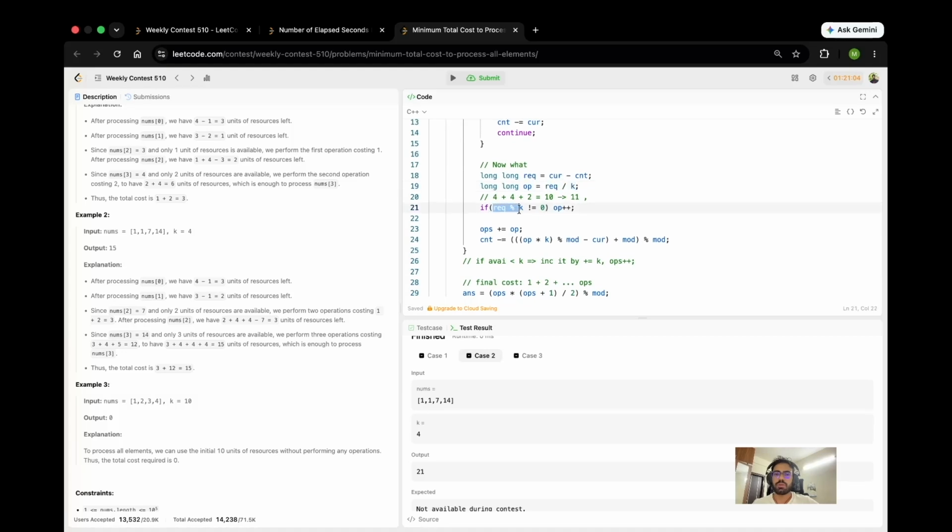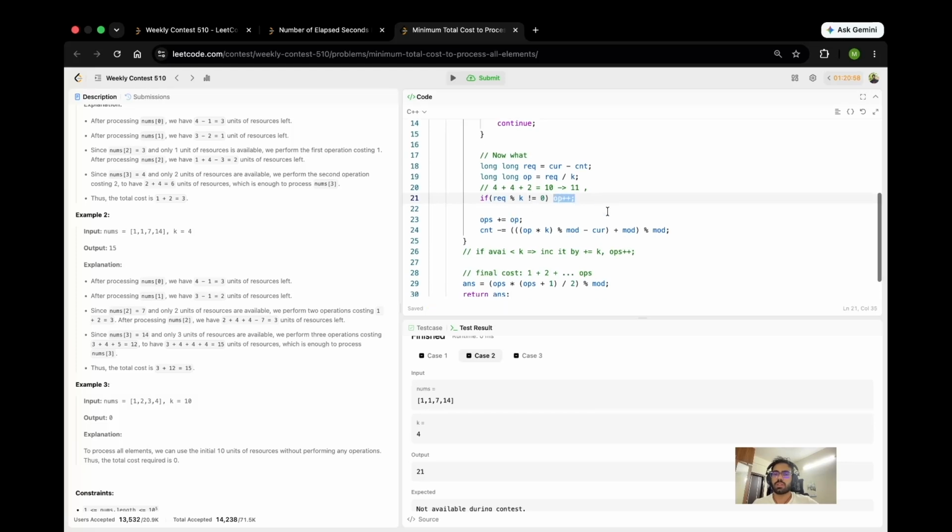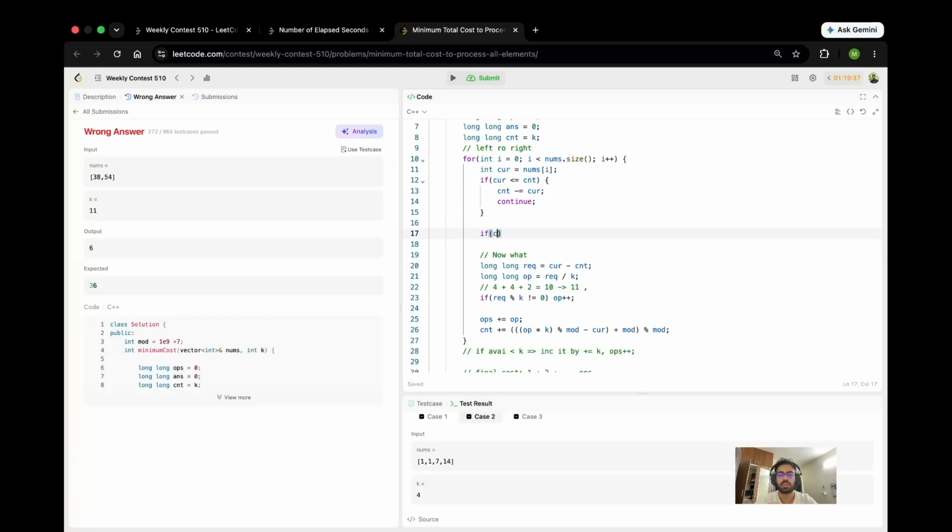If required modulus k not equals to 0, we need one more operation. Operations we add, oh, we do count minus equals modulus k. This seems correct here. So what happened is count here equals to 0.